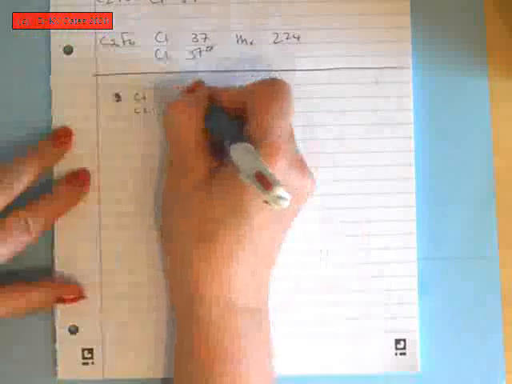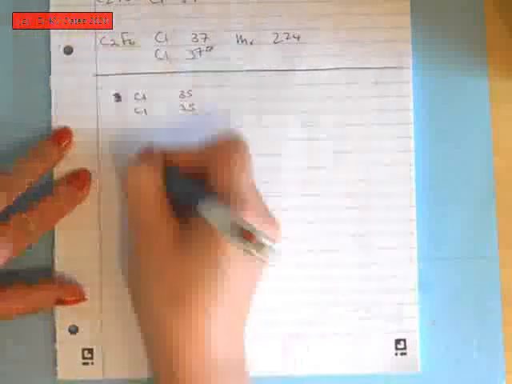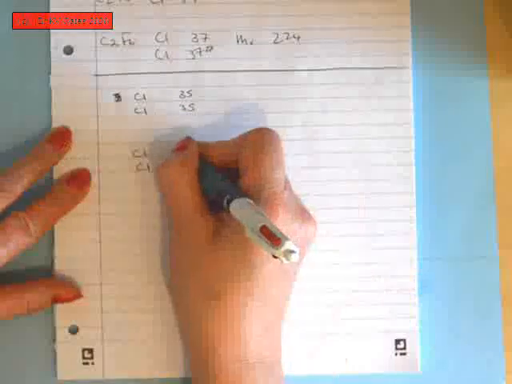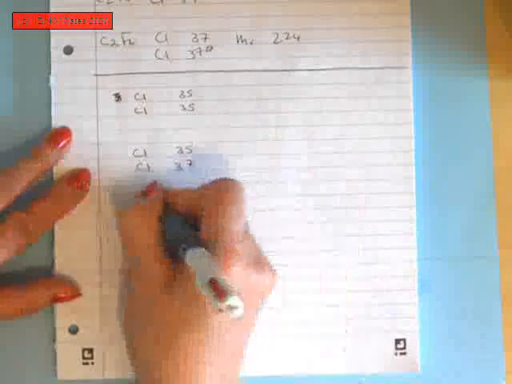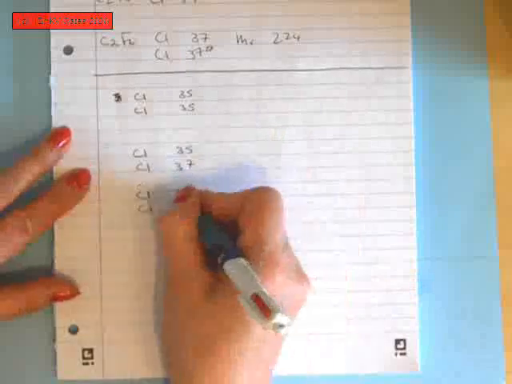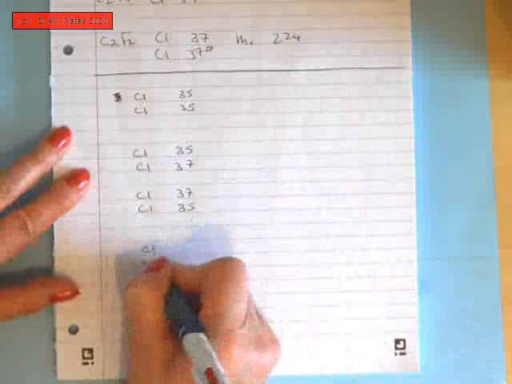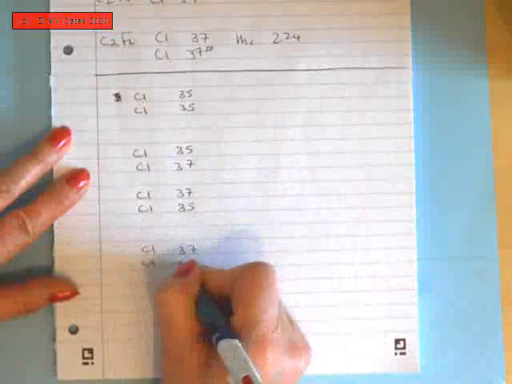In one of these compounds, we could have where they're both 35, or in the other compound where one of the chlorines is a chlorine 35 and the other one is a 37, or even the first chlorine is a 37 and the second one is a 35, and then we could get a situation where both chlorines are chlorine 37.